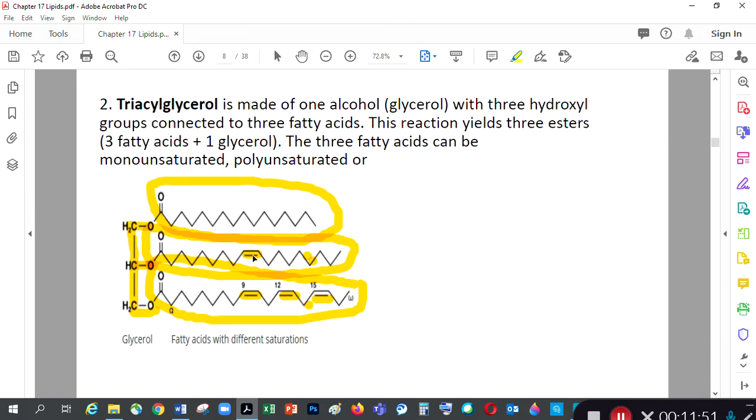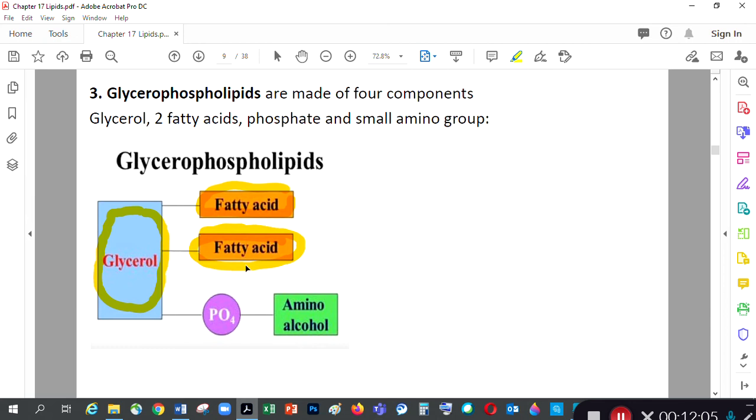So we have 3 fatty acids. We replace one of them with what? We will replace it with a phosphate group and with an amino alcohol group. So we are replacing the 3rd fatty acid with the phosphate group and the amino alcohol group. So now we have to speak about glycerophospholipids.